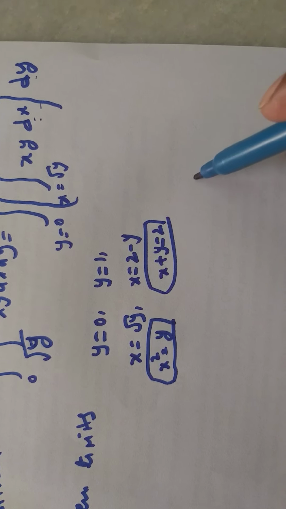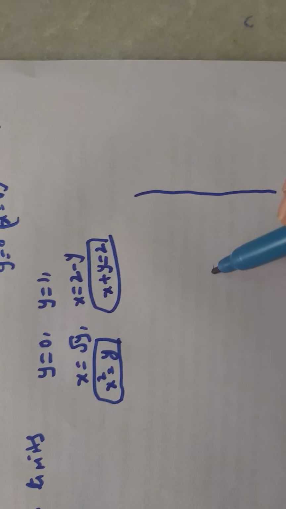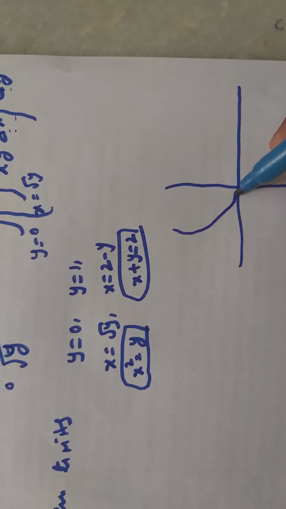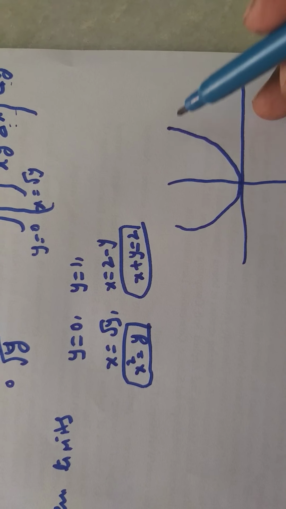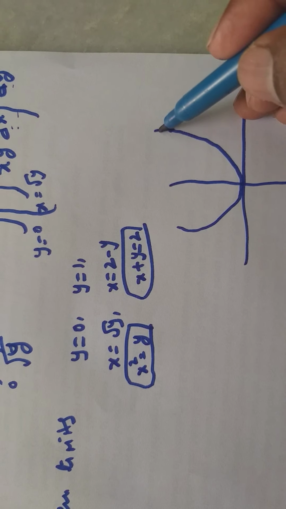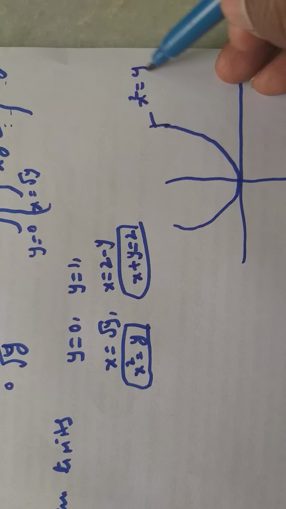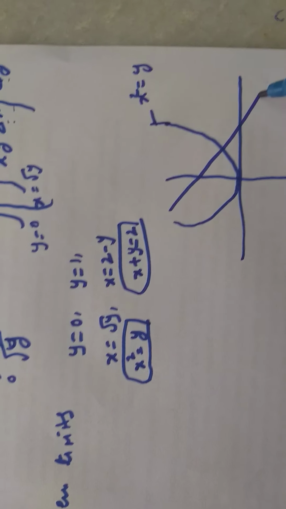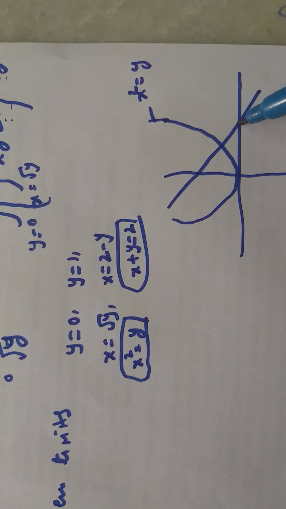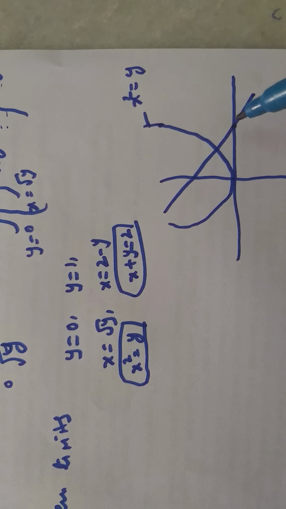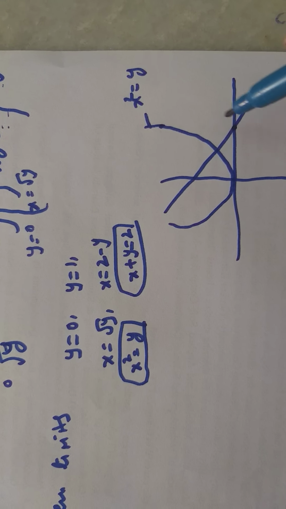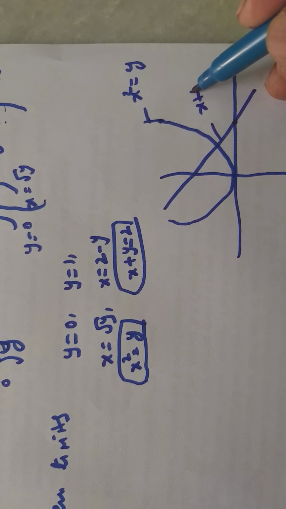The diagram is like this. This is a parabola, symmetric about the y-axis. The equation of this parabola is x square equal to y. And this is the straight line, x plus y equal to 2.